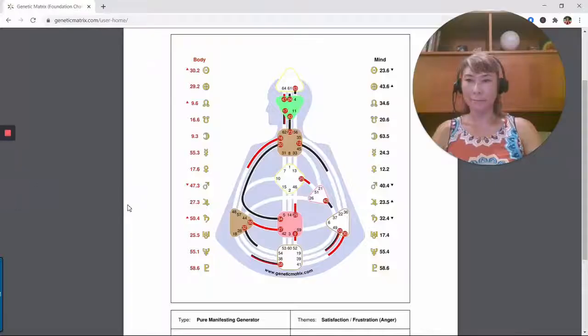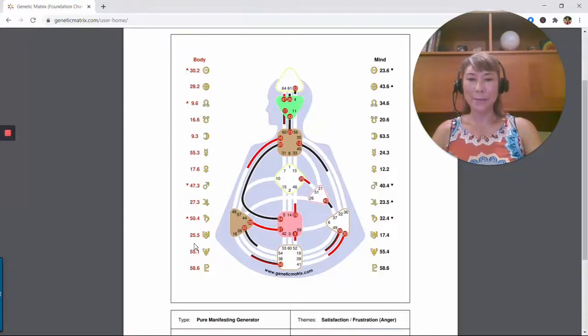And when we look at the nuances of their human design chart, we can see and piece together how the particulars of their mechanics work. So let's take a quick look at some various different charts that would be categorized first as pure manifesting generators, and then we'll look at some that can be categorized as emotional manifesting generators.